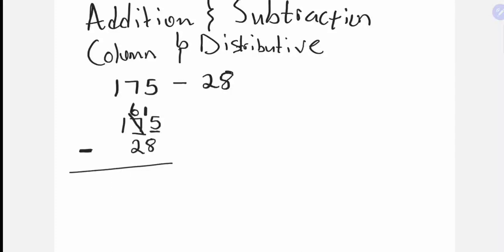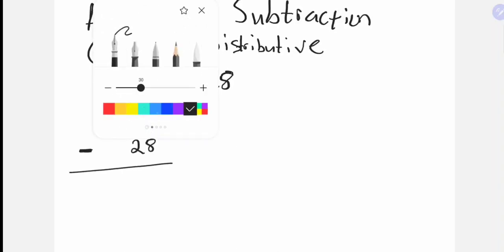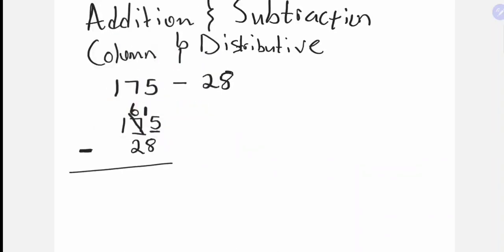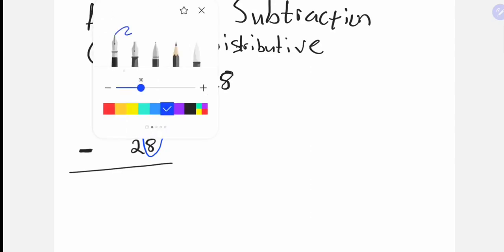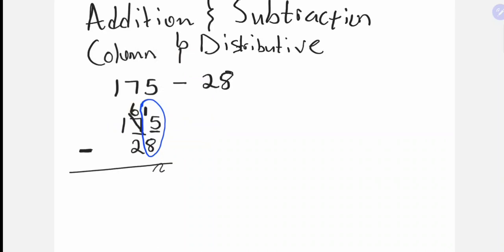Now, we're going to start with our units as we've been doing all this time. What we are essentially going to do here is to minus our units. So 5 now turns into 15, right? So it's 15 minus 8. 15 minus 8 should give us 7, right?